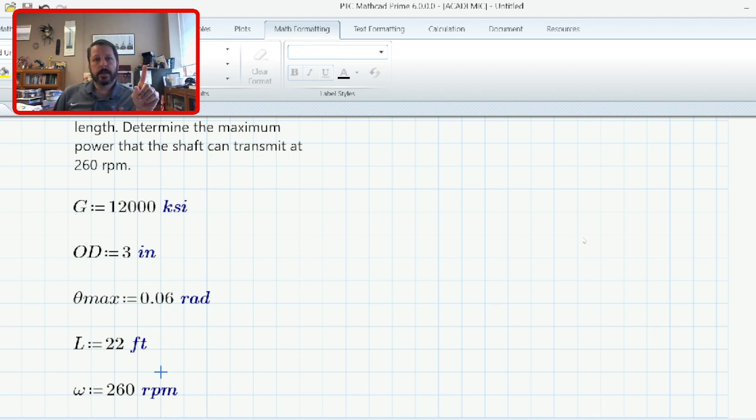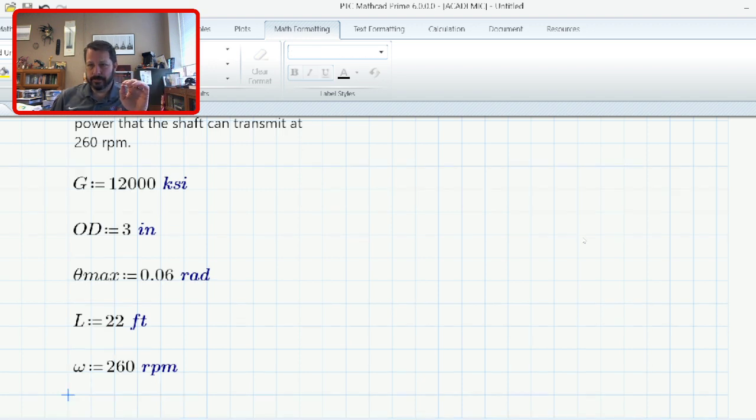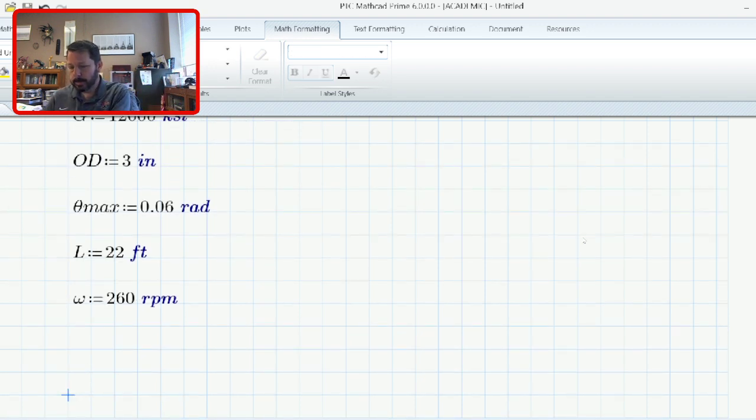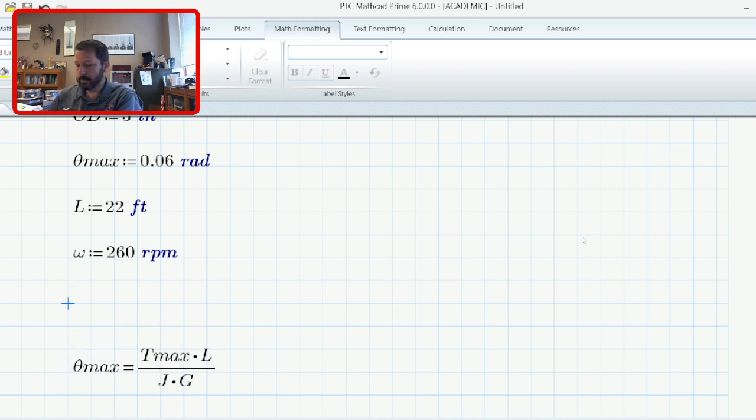So we need to go to our angle of twist equation and figure out what the torque is. Let's see, do I want to do the variables? I'm not sure how well this MathCAD will work with this, but we'll try it out. Theta max equals T max times L over J, which we'll have to define J here in a minute, times G. Okay, so let's define J. It's solid, so it's pi.